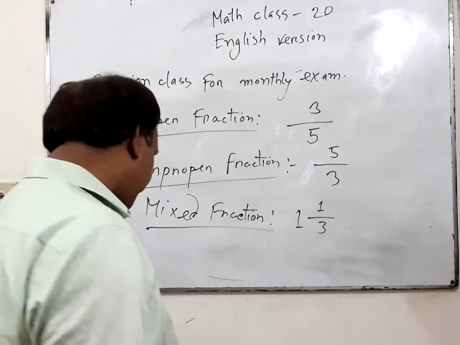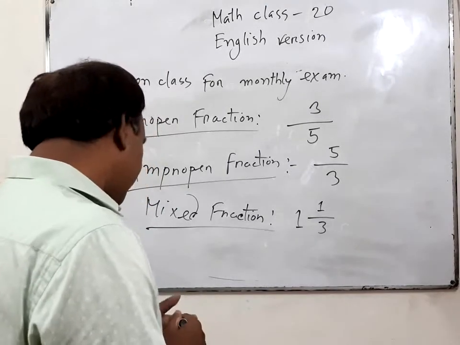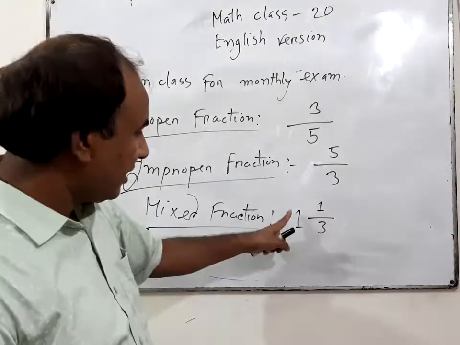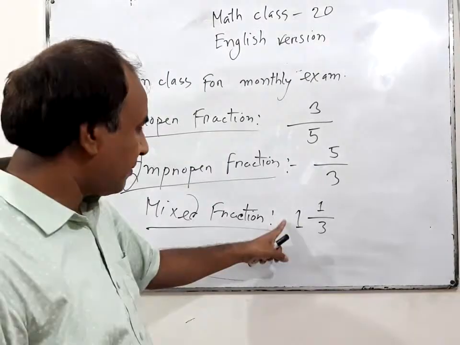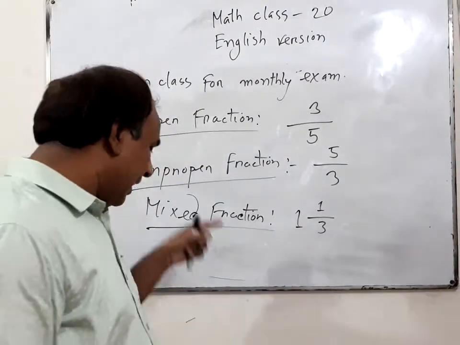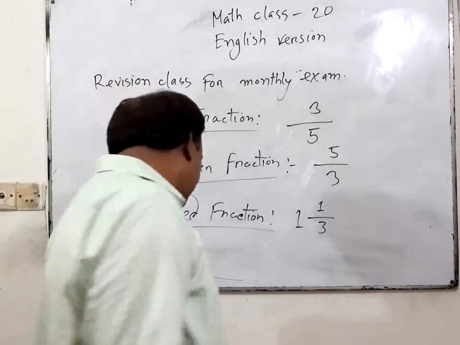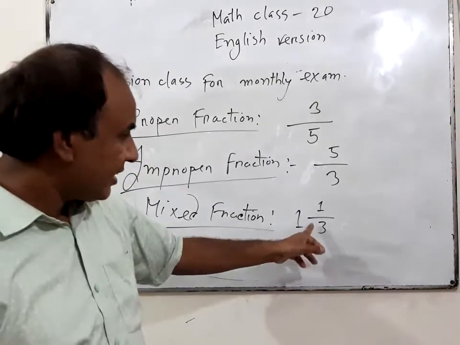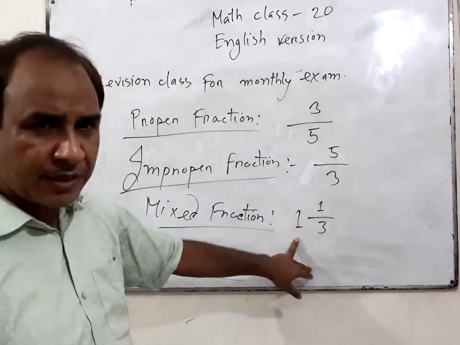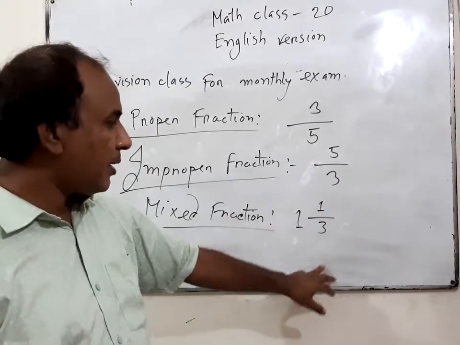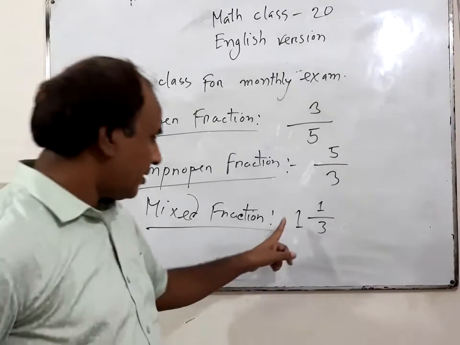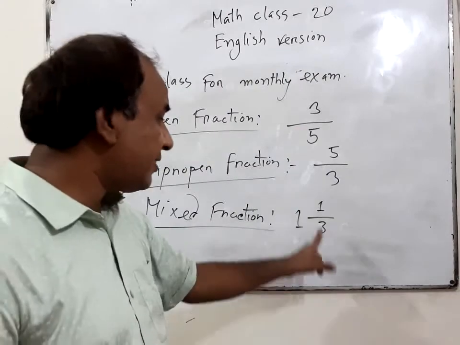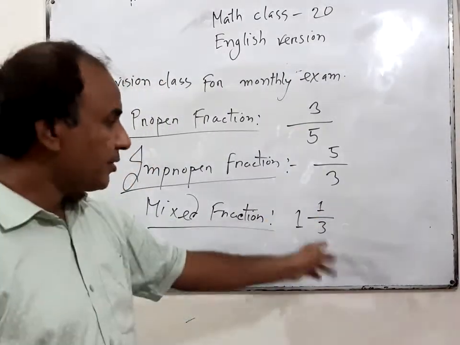The definition is the fraction having an integer part and another part, there are 2 parts. This fraction is a mixed fraction. One part is 1, another part is 1/3. So the fraction having an integer part and a proper fraction part, we have to say it is a mixed fraction.